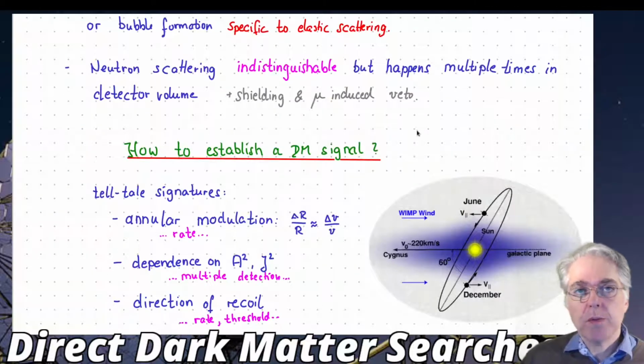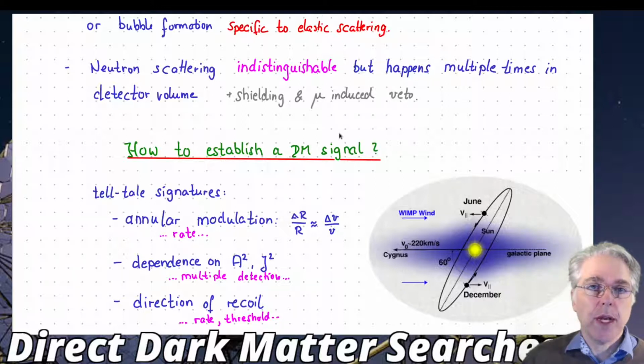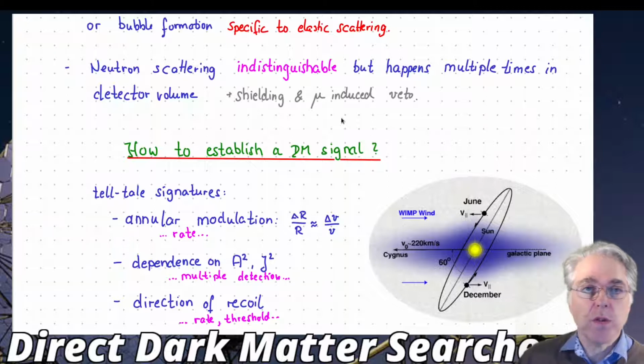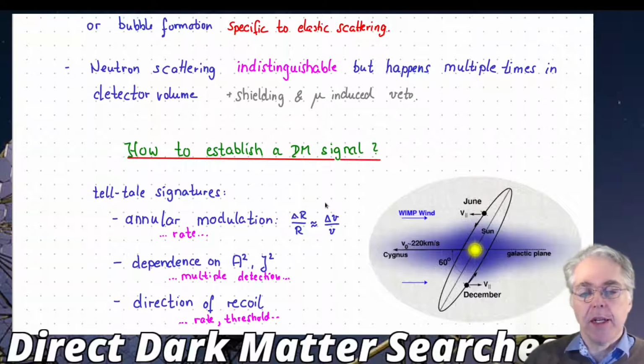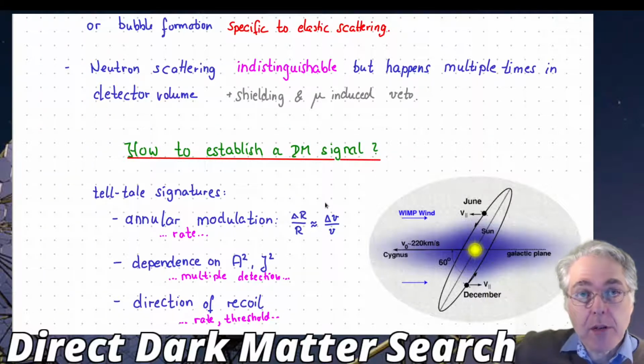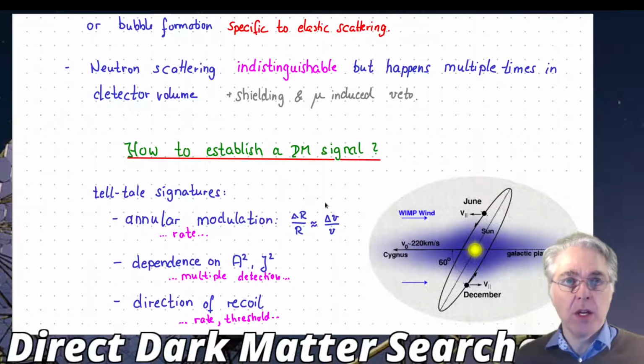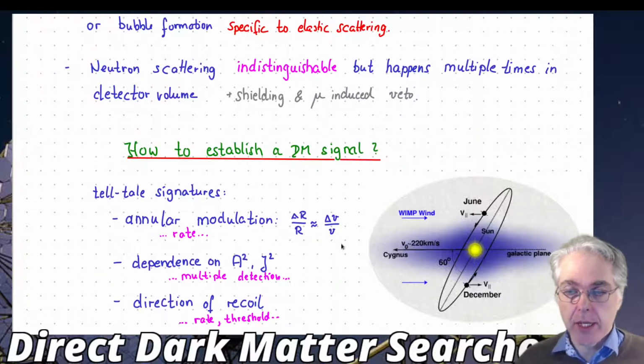And neutrons induced by muons can be, of course, suppressed by making sure that there's a good muon shield or muon veto in place. However, if you take all the precautions and then you end up with some excess events in your signal region, in your detector in the end, it's quite a challenge to make sure that this is really dark matter related and not something which is an unknown or underestimated background.